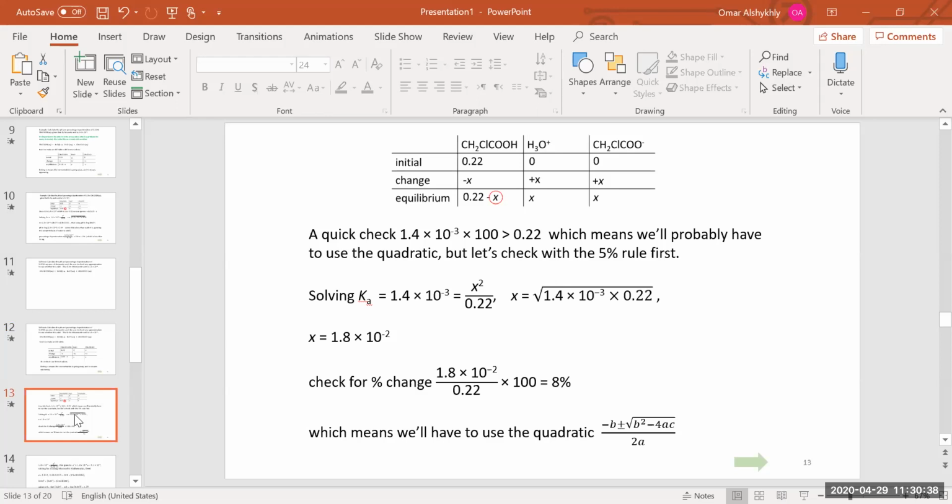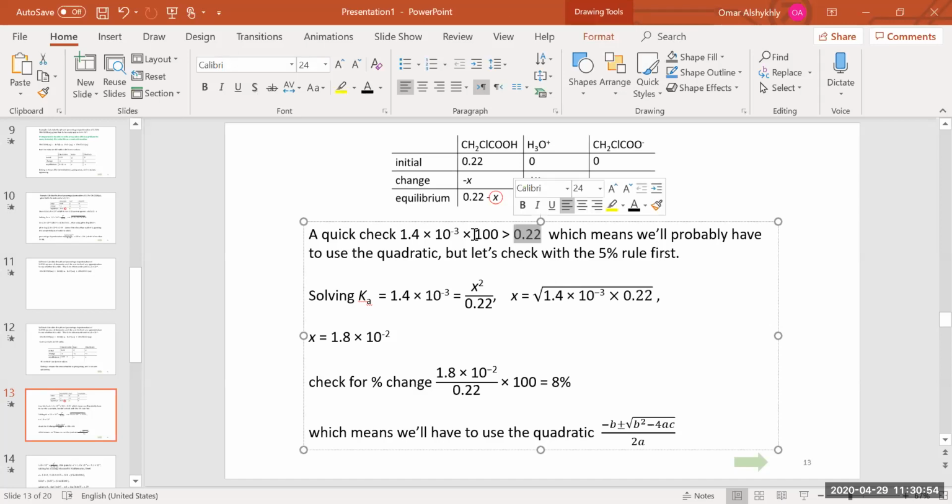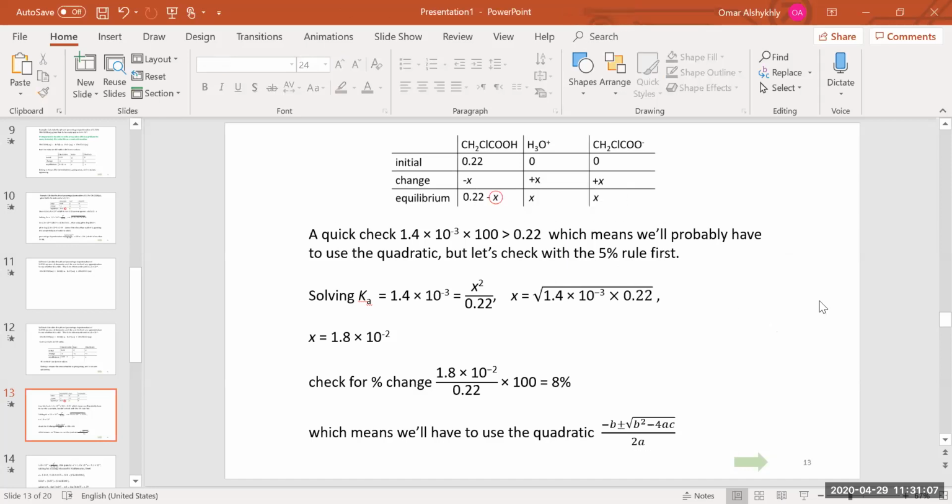Here 1.4 times 10 to negative 3 will be less than 0.22. So it is very small because the percentage will be around... okay, let's check. Which means you will probably have to use the quadratic equation.